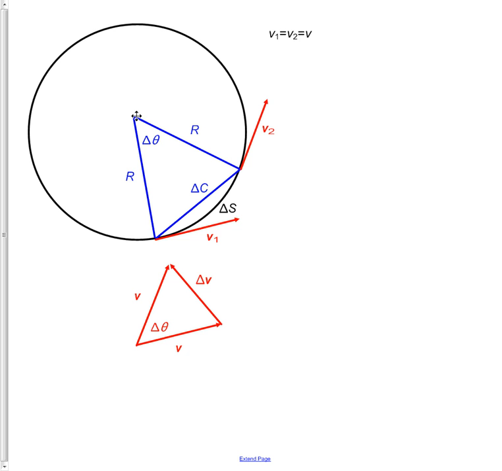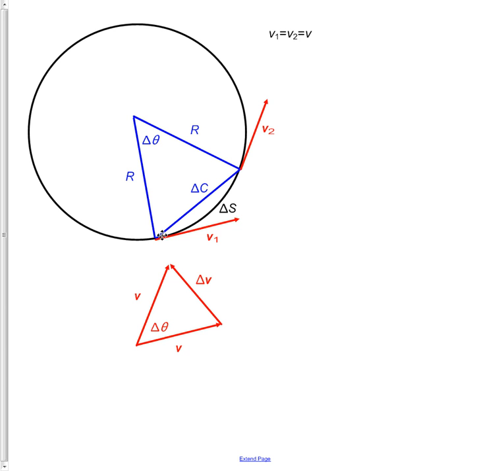I've also constructed a triangle here, and delta theta is the angular distance over which this particle has moved from t1 to t2. And if I simply draw this line across here, that's what you'll recall is called the chord between these two points on the circle, which I call delta c.